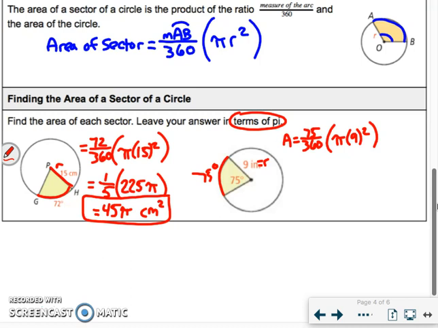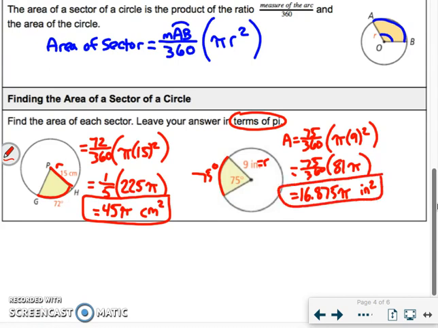So I'm taking 75 out of 360 times 81 pi. You can simplify the 75 over 360 a little bit, but you could also just go to the calculator at this part. I'm not going to put the pi in the calculator. Just 75 over 360 times 81 would give us 16.875. Remember, there's still pi as part of that, in square inches.